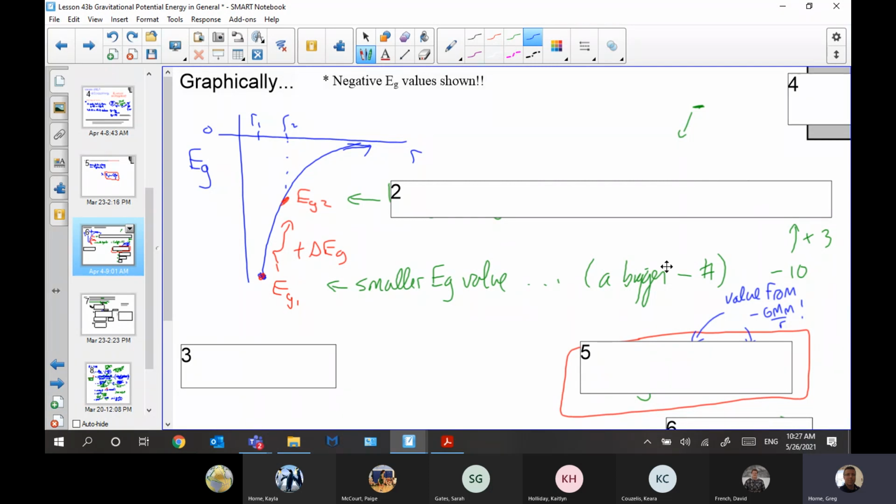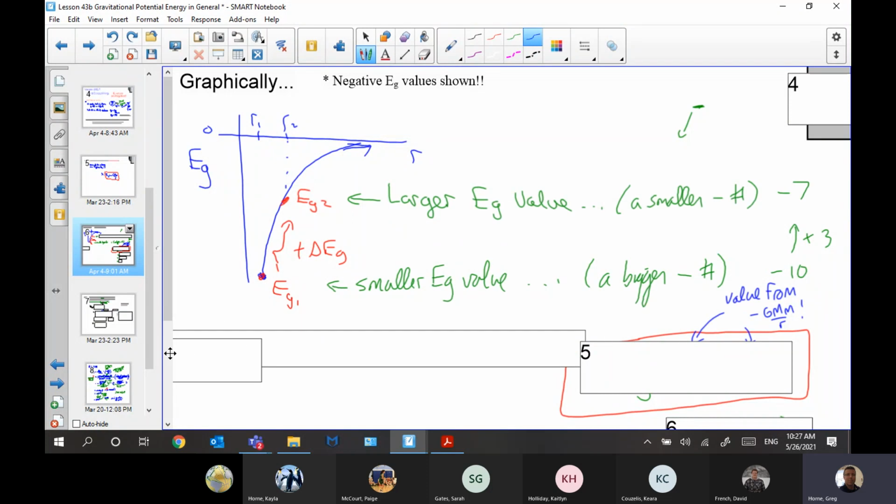It's hard on the human brain to analyze this, because this is a large negative value, meaning it's a small Eg value. This one up here is of course the larger Eg value because we're higher up, but it's larger in the way that it's a smaller negative number. So picture a -10 becoming a -7 as you add 3 to it.